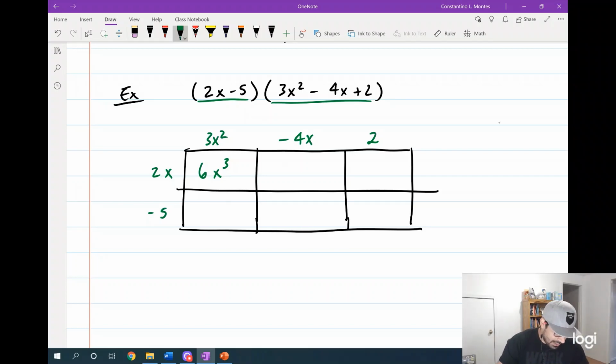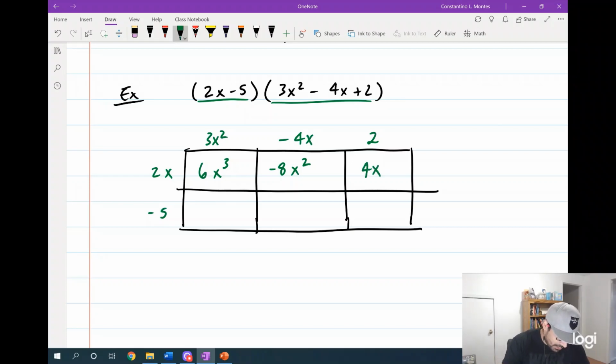So next piece, let's go all the way across the top first, and then we'll come back and do the bottom. So I got negative 4x times 2x, that's negative 8x to the power of 2. And then I got 2 times 2x, and that's going to be 4x.